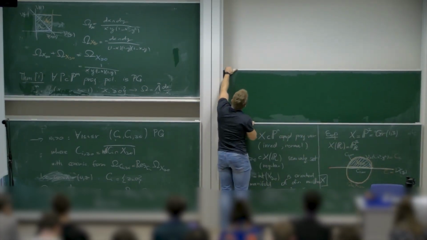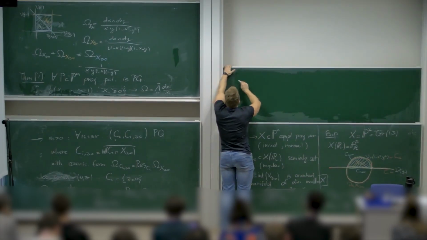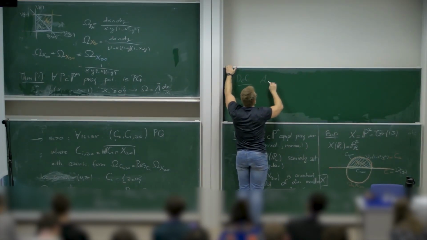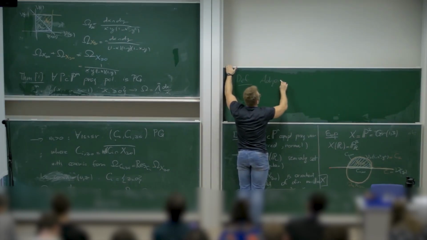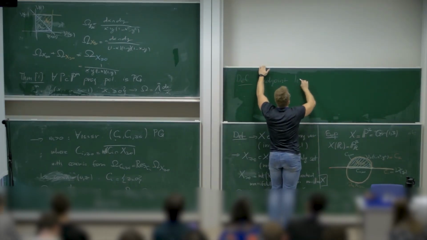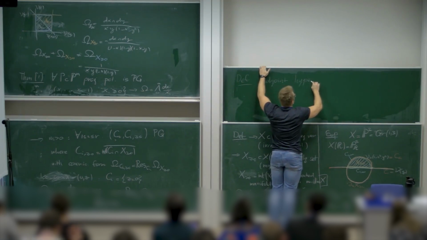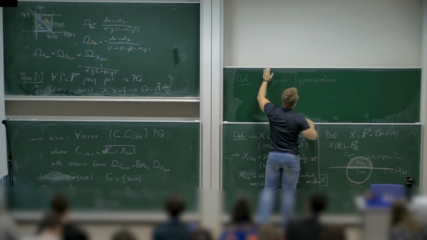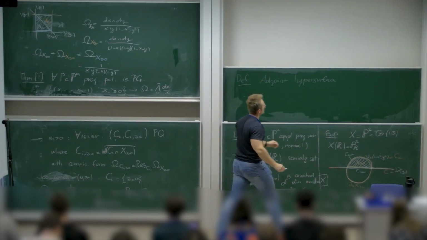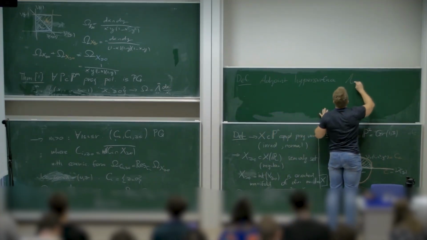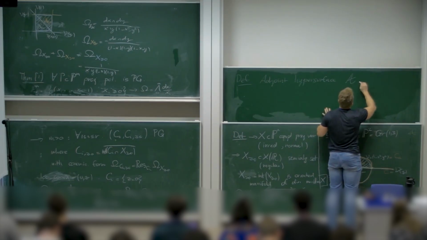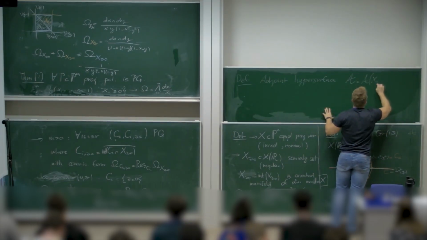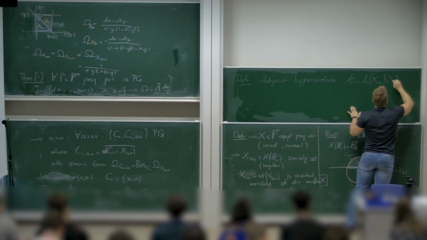So I'm defining a new object. It's called the adjoint hypersurface. Given a positive geometry, I can associate to it the adjoint hypersurface, which is really dependent on the positive geometry, as the vanishing locus of the canonical form.